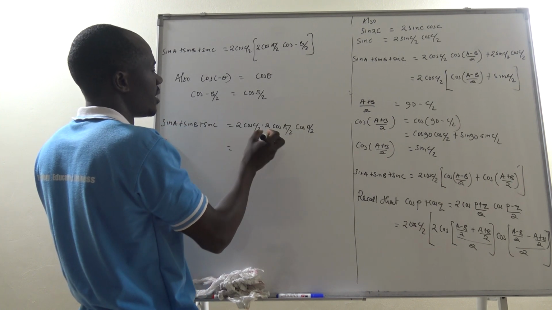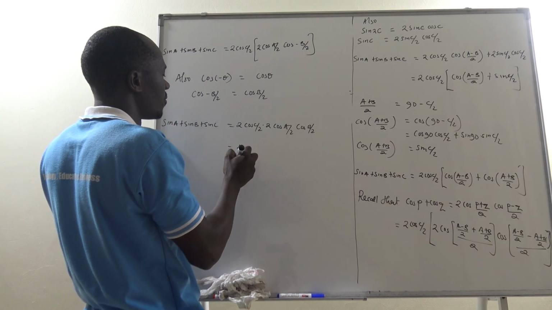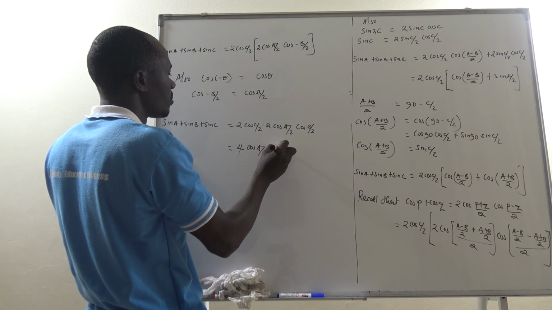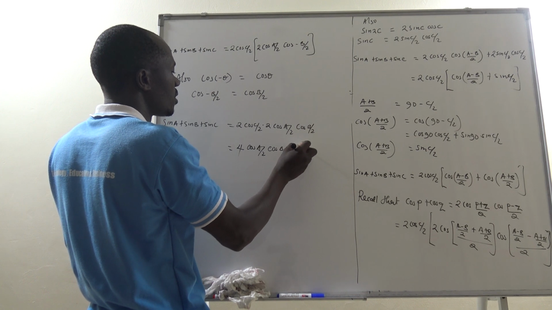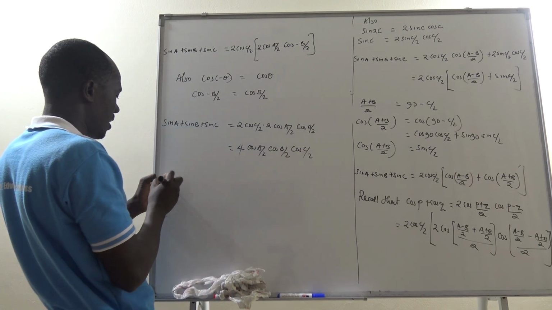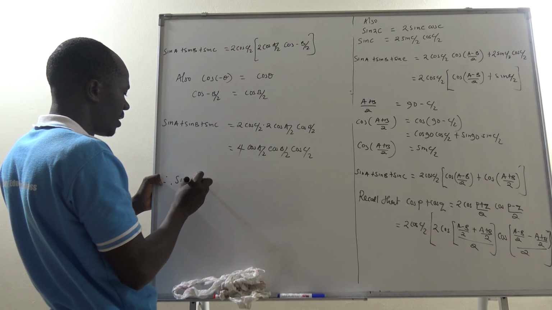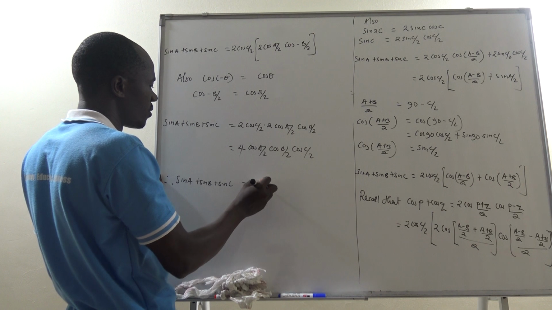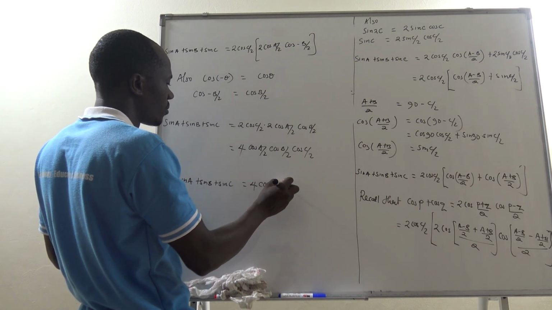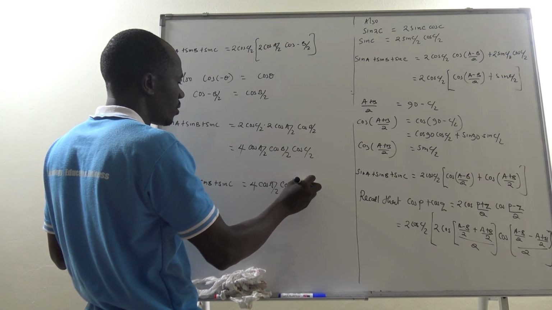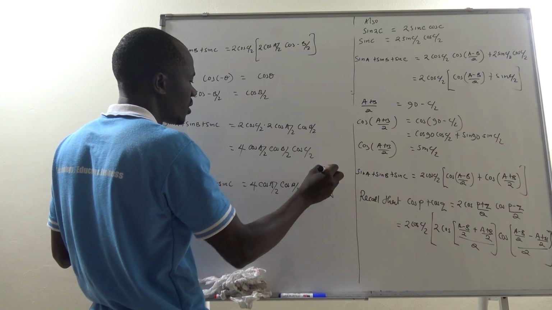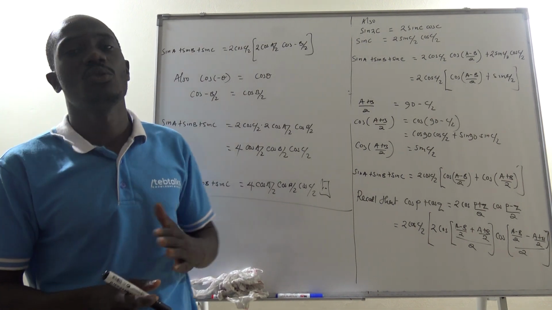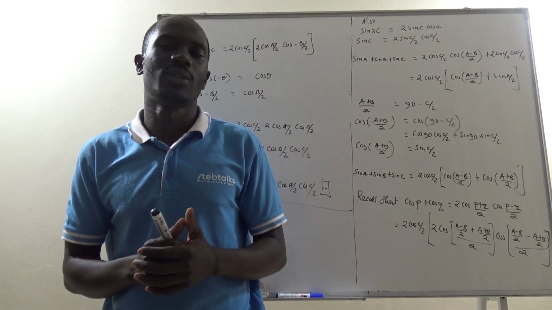So when we multiply, rearranging 2 times the 2, we get a 4 cos A by 2 cos B by 2 cos C by 2. Therefore, sin A plus sin B plus sin C equals 4 cos A by 2 cos B by 2 cos C by 2. Hence, proved. That's what we have already done, and it has come out with what they really requested us to get.